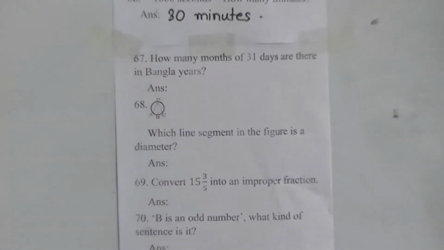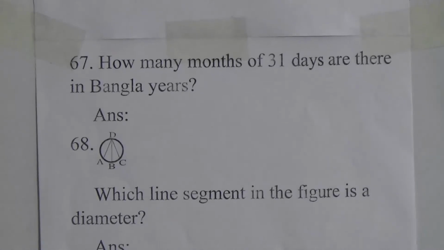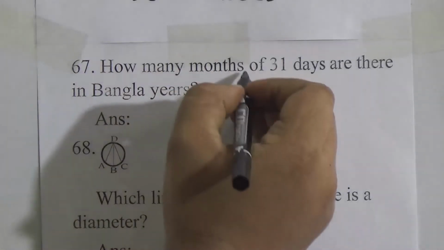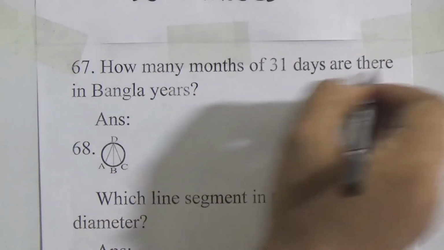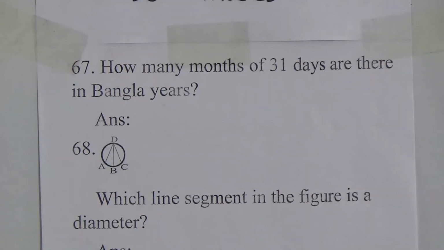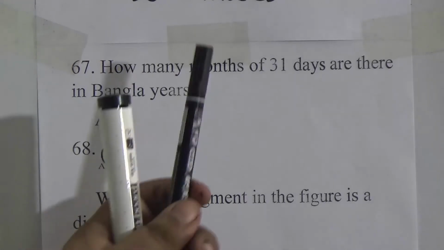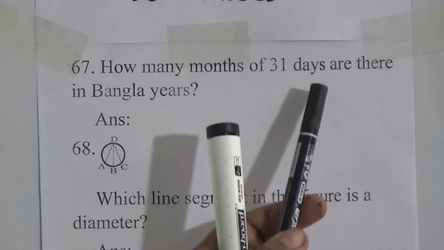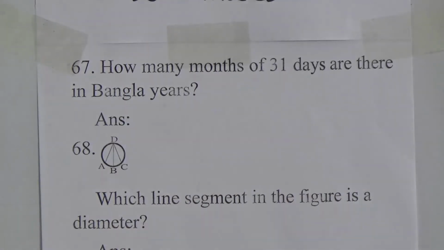Next on, dear student, please notice the figure here. Sorry, no, question 67. How many months of 31 days are there in a Bangla year? My dear student, it is a so easy question. We know that a Bangla year has 12 months, but we need to know here how many months have 31 days.